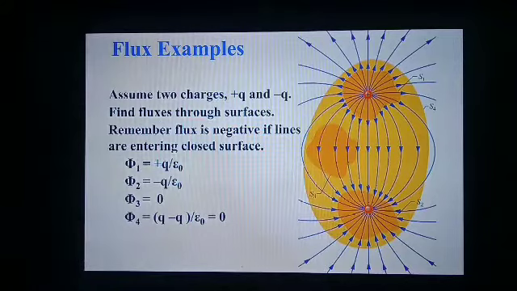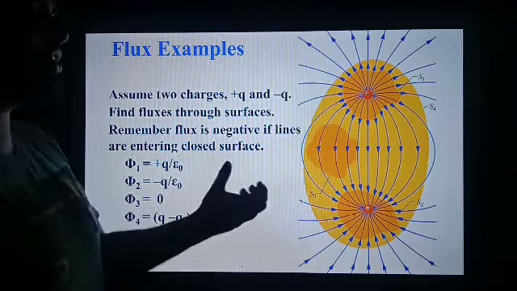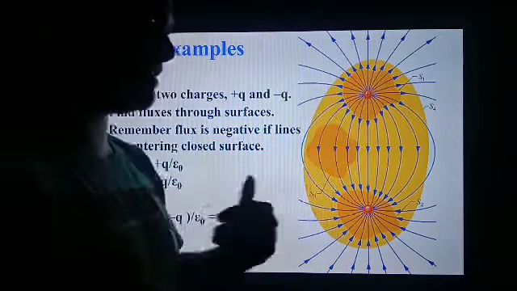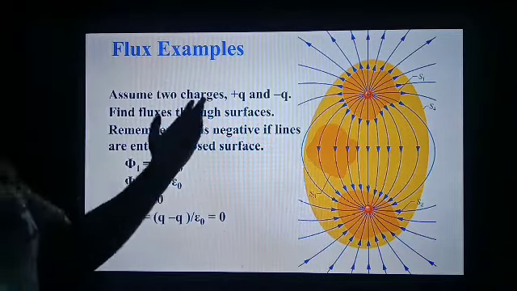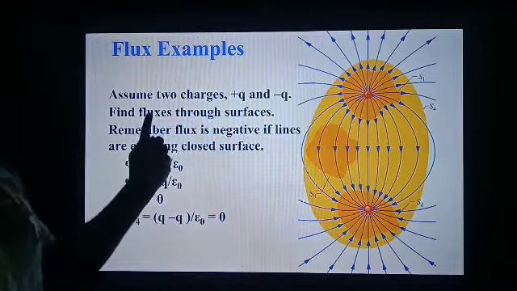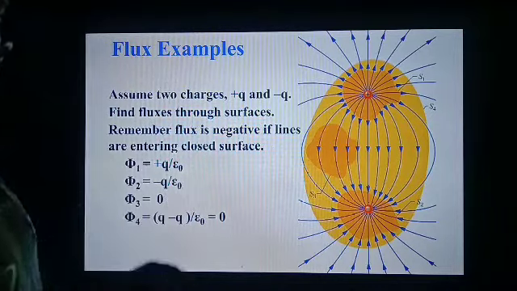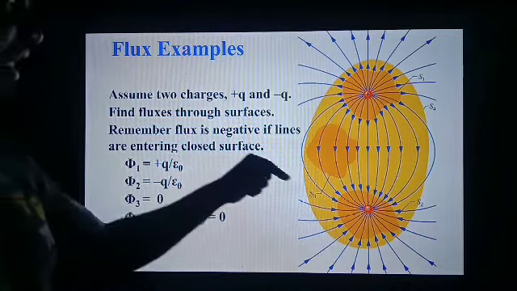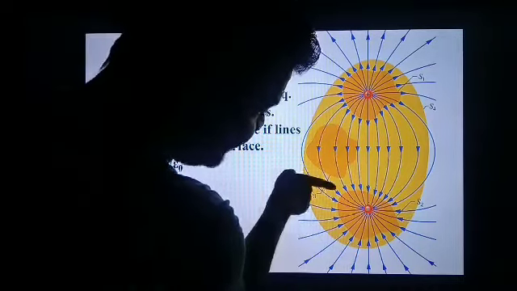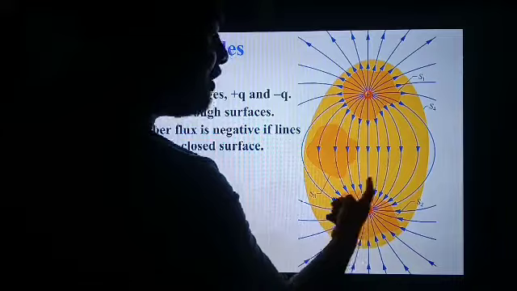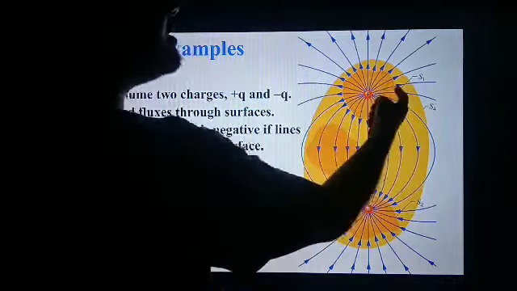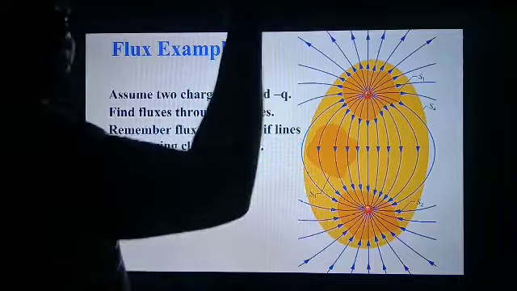We have to generalize an equation for the electric flux passing through these surfaces. Assume two charges, plus Q and minus Q, and find the flux through the surfaces. Remember, the flux is negative if lines are entering the closed surface. If the lines are entering the surface, then the electric flux will be negative. If the lines are emerging out from the surface, then the electric flux is positive.